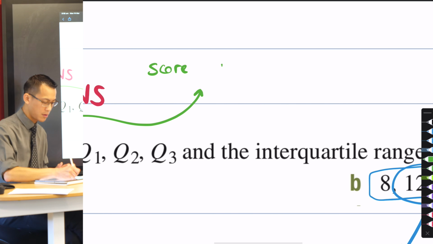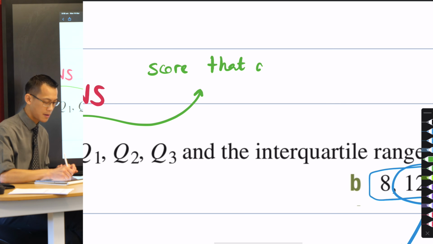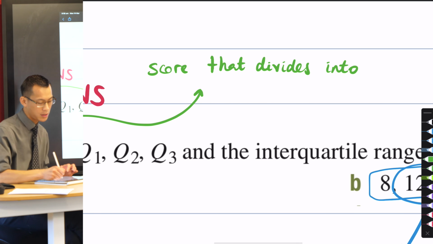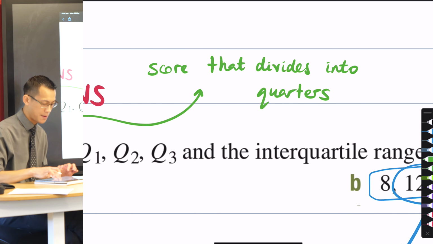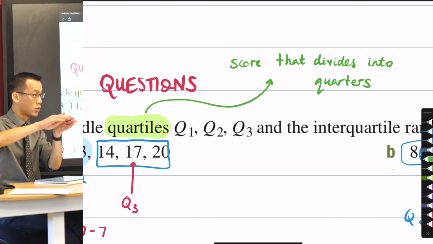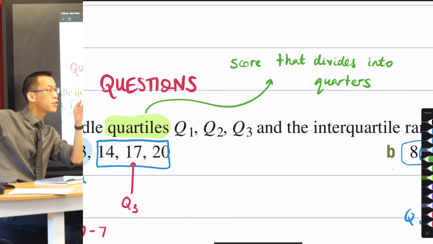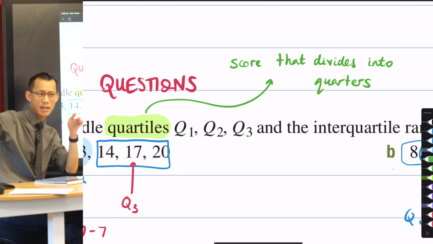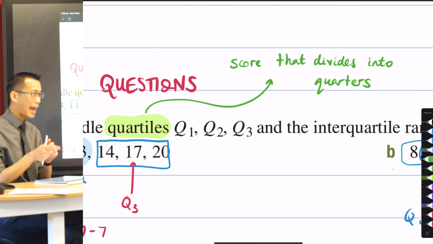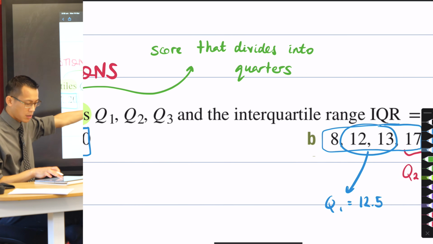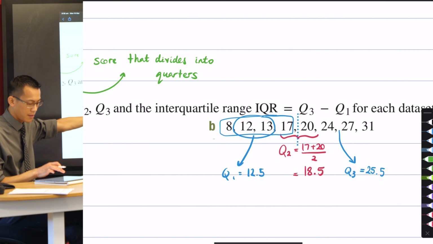And how many quarters depends on which quartile you're interested in. The first quartile, there's 1 quarter on the left. The second quartile, there's 2 quarters on the left. The third quartile, there's 3 quarters on the left. Make sense?